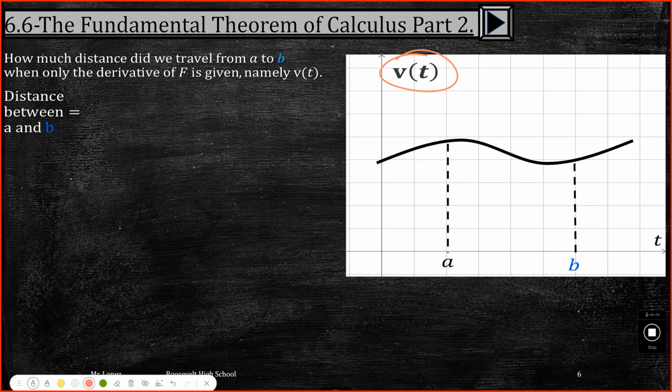So if this is the v of t function, and we can find the antiderivative function where it came from before it became that, then we could just plug in f of b minus f of a and find how much distance it has traveled. But it's also the area under the curve from A to B.